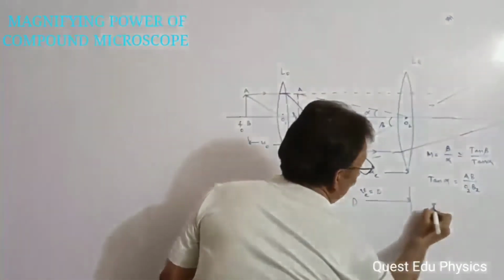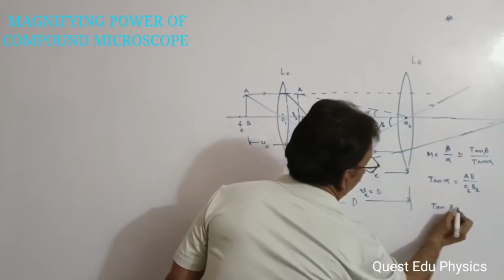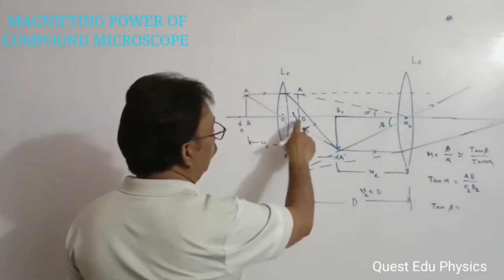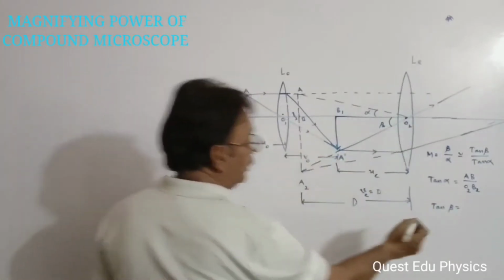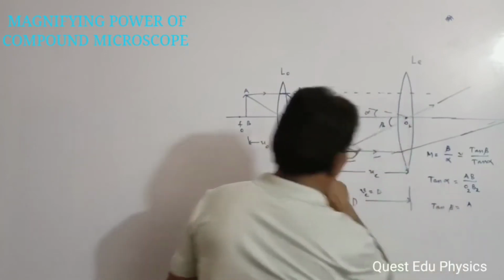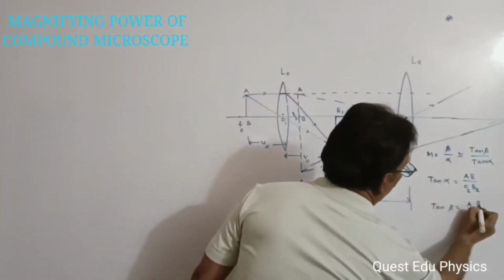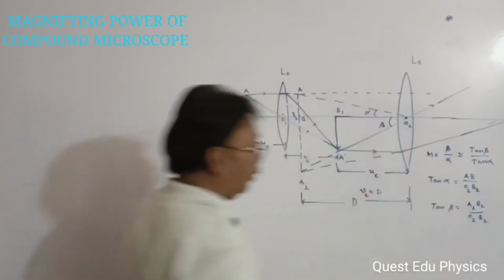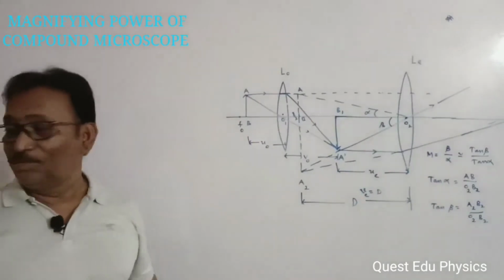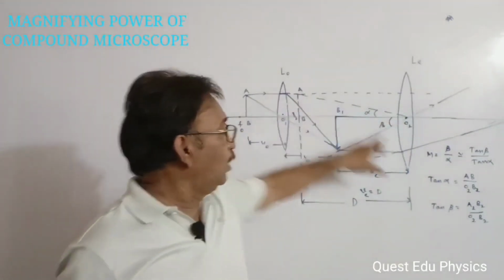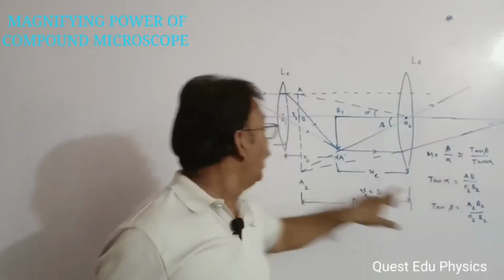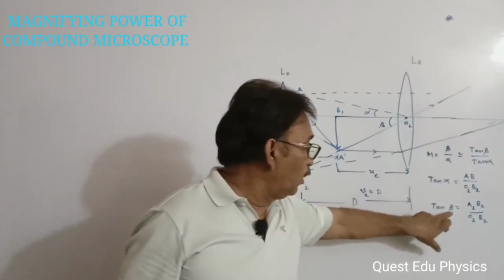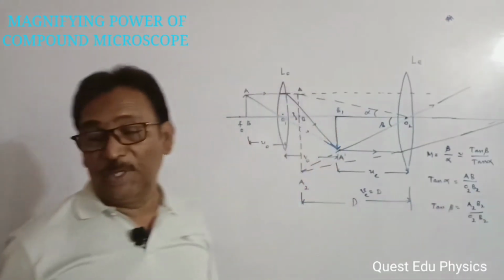And also tan beta, from the triangle O2A2B2, is equal to A2B2 by O2B2. Okay, students, I hope you understood. From the triangle O2AB we took the value of tan alpha, and similarly from the triangle O2B2A2 we got tan beta as A2B2 by O2B2.